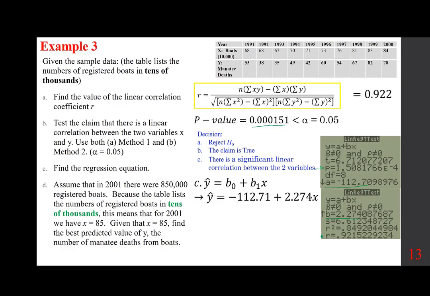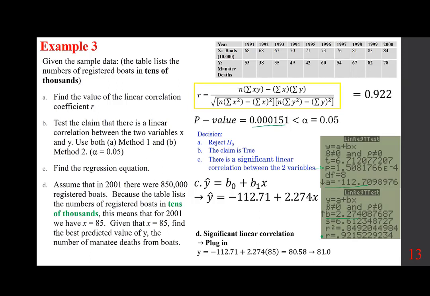And the last part: because the correlation is strong and because we rejected H0 and said there is a correlation, instead of using y bar, we use the regression equation and plug in the value, and it becomes 81. So if we have 850,000 registered boats, we expect 81 manatee deaths. So that is using technology.